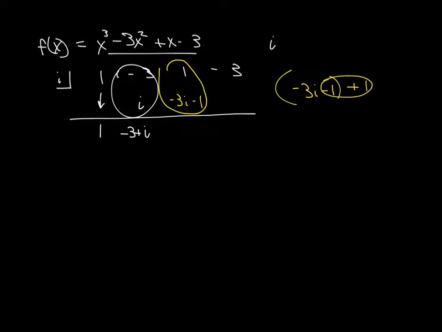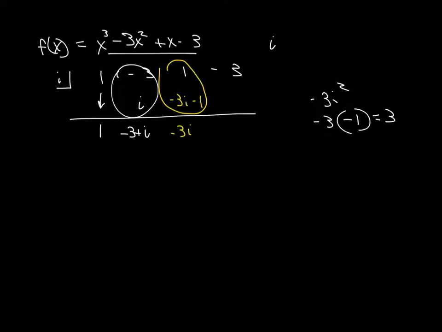These two cancel, so we just get a -3i down there, right? Alright, so now we're going to multiply i times -3i, and we get -3i squared, and i squared is -1, which gives me a 3. Add those up, get 0.